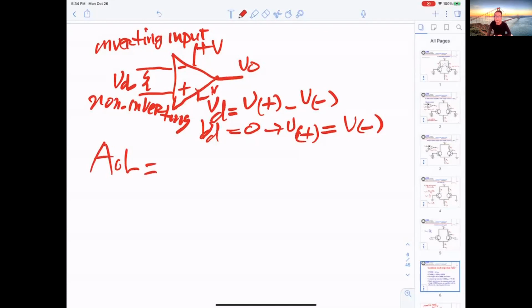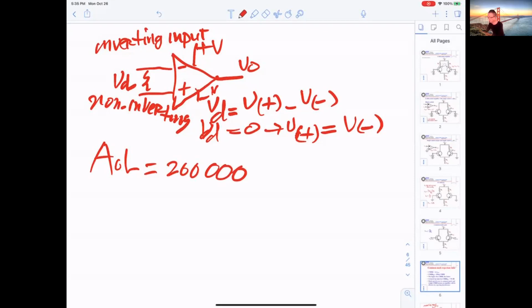That gain is built in by the manufacturer. Okay? And normally for a 741 op amp, the open loop gain will be 200,000.